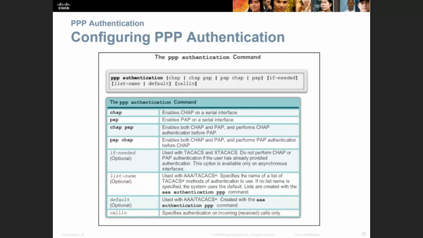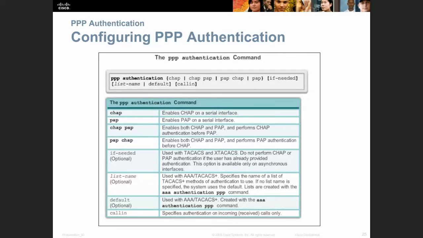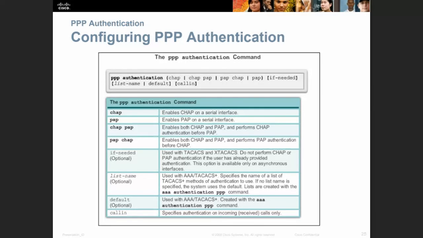For the lab, we will use PAP and CHAP, each alone. Using both will make it more secure? Here, look, it will enable CHAP and PAP, but it will do PAP authentication before CHAP. If you do CHAP PAP, it will do CHAP first, then PAP. Of course, a little bit more security.